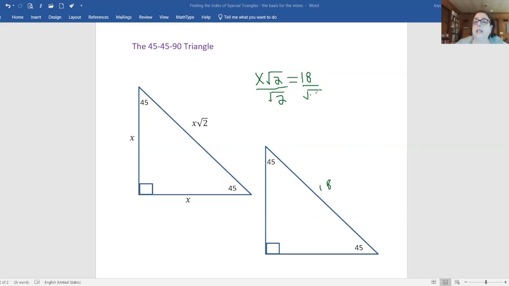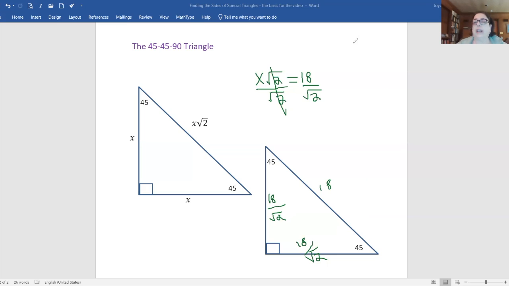So what you see then is we found the something that, when you multiply by the square root of 2, gives you the hypotenuse. So the legs are 18 divided by the square root of 2 when the hypotenuse is just 18.